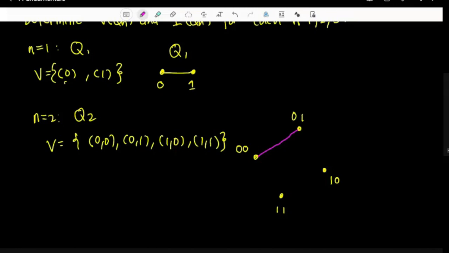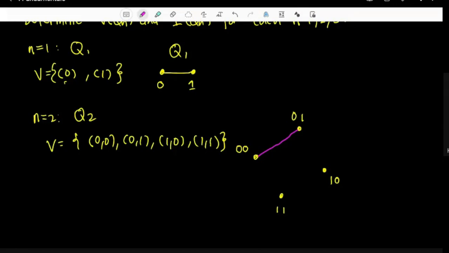Right? Magkaiba yung first at second. Now, 0, 0 and 1, 1, they differ in both coordinates, so there's no edge between them. 0, 1 and 1, 0 differ in both coordinates, so no edge between them, right?